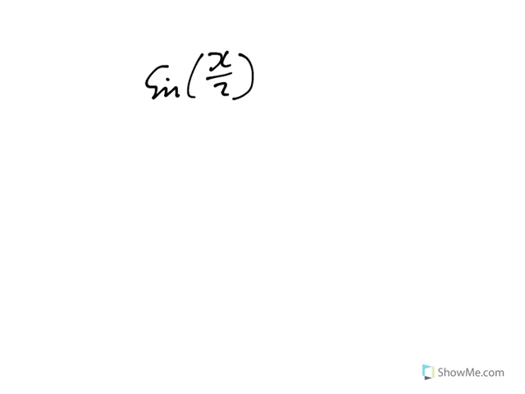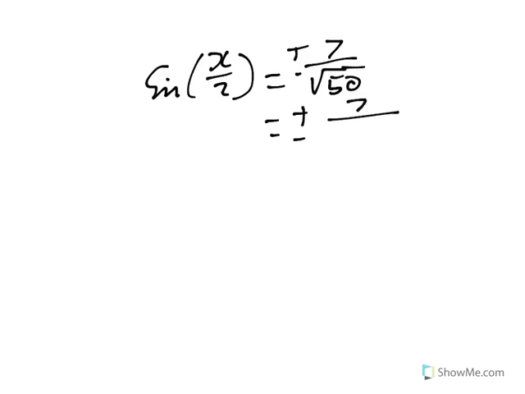So it's plus or minus 7 over the square root of 50, and 50 is 25 twos, so 5 root 2. Rationalising our denominator, 7 root 2 on 10. Alright, and so then that is our solution.